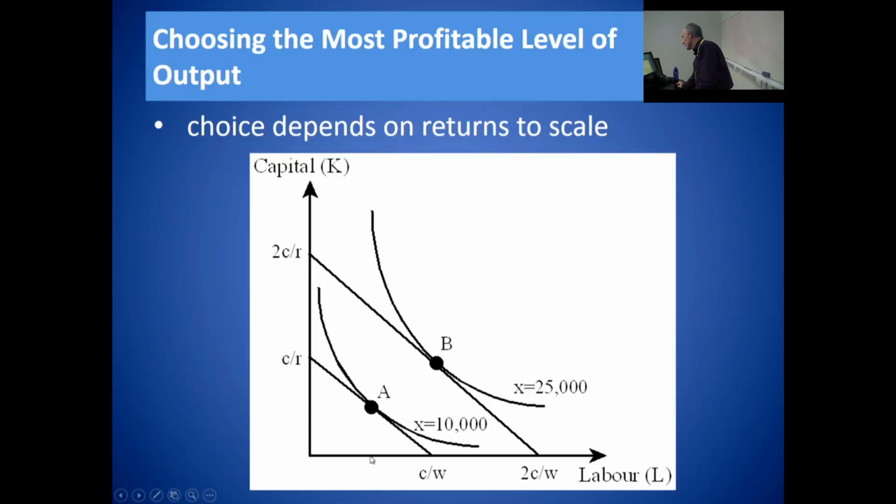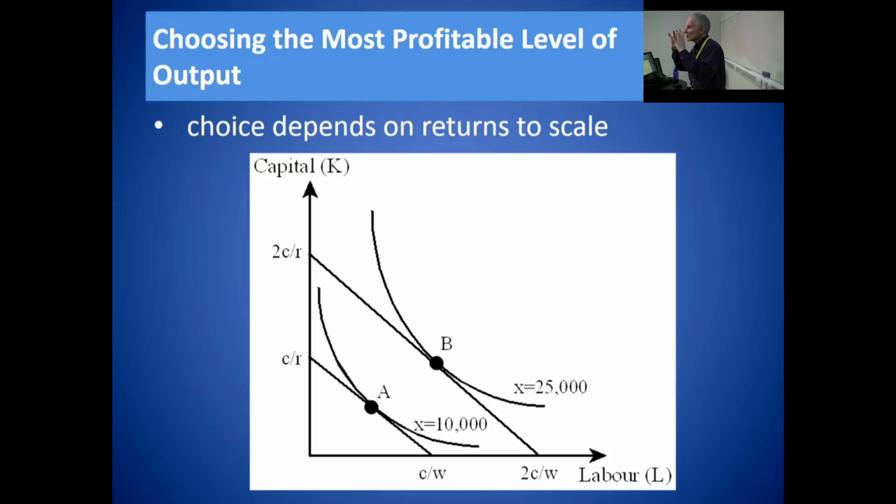A certain amount of labour and a certain amount of capital. And for the firm, that will incur a certain cost. And that certain cost is, using notation that we've seen before, C, whatever that cost might be. So, it implies a certain amount of labour and a certain amount of capital.